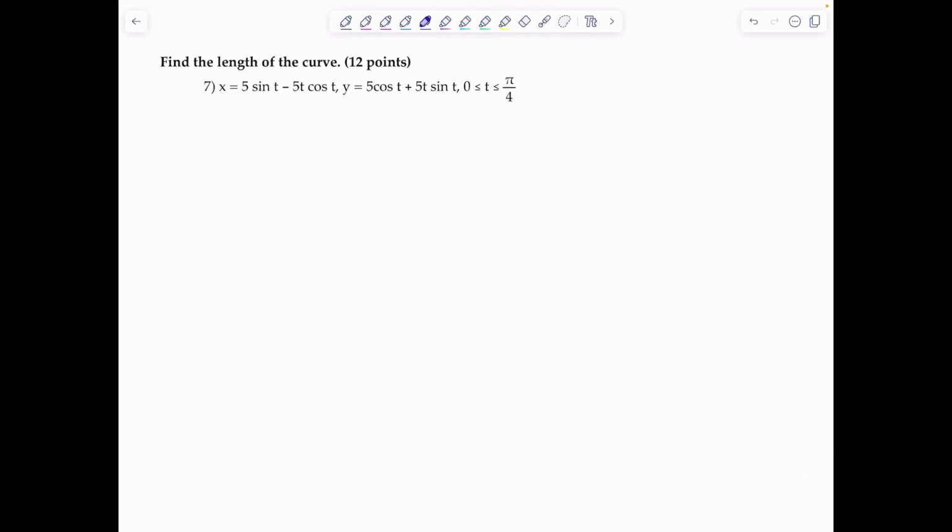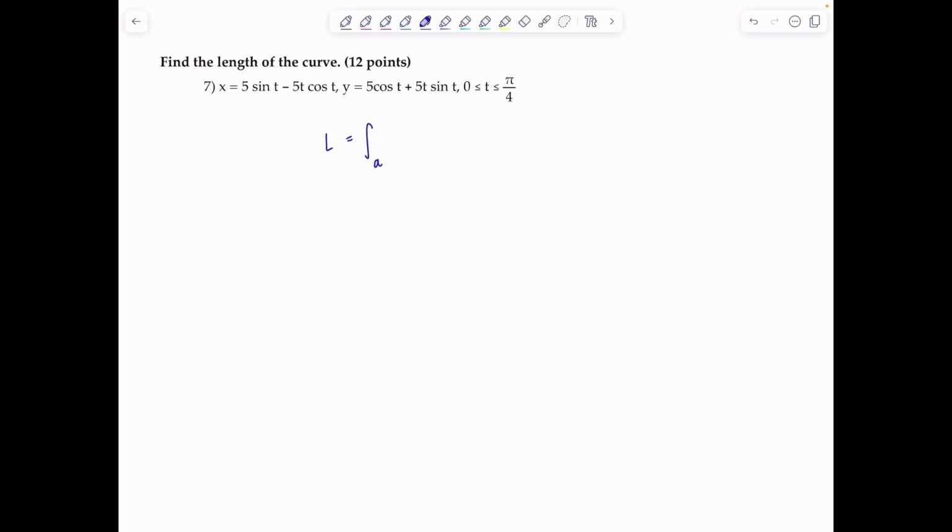Find the length of the curve, and you'll notice the curve is defined parametrically. We have x equals 5 sine t minus 5t cosine t, y equals 5 cosine t plus 5t sine t, and t between 0 and pi over 4. So you do need to remember the arc length formula for parametric curves.